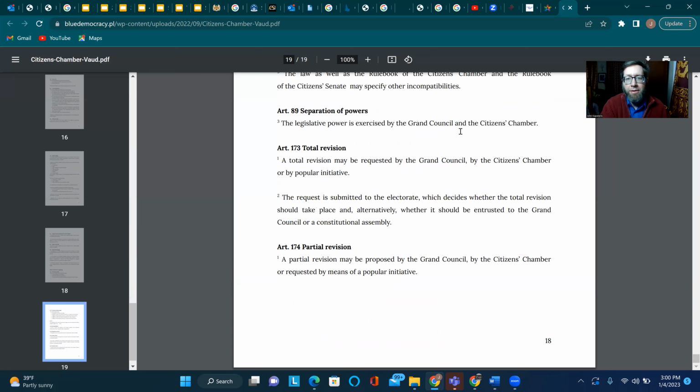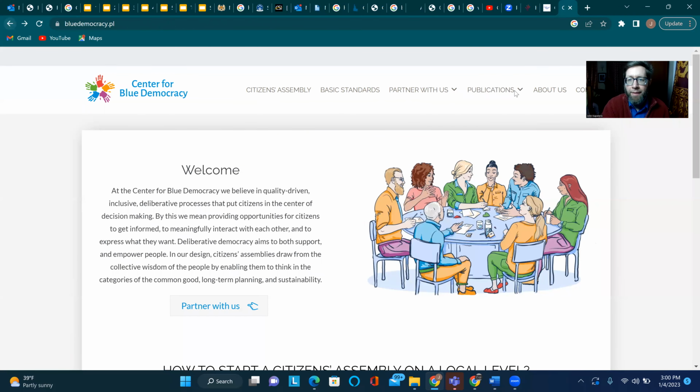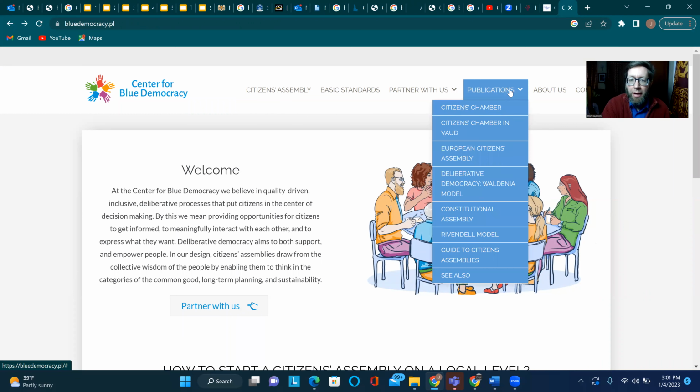The legislative power is exercised by the Grand Council and the Citizens Chamber. You can learn more about those by reading from this website. But yeah, I love that they're continuing to employ principles of classical republicanism, even though this is a very participatory democratic effort here.